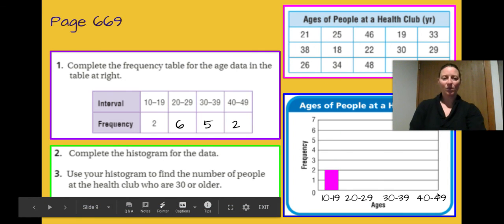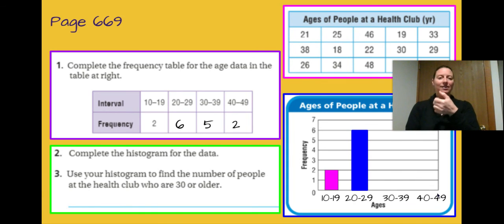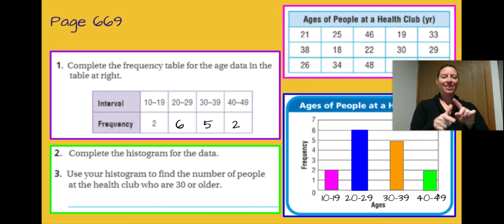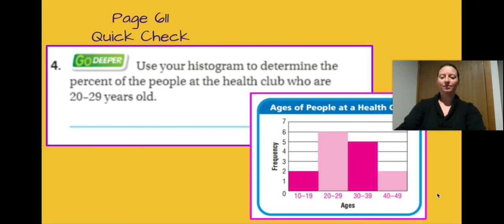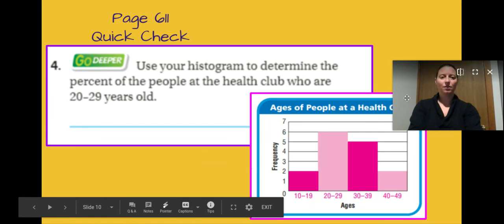On page 6, 11 is a quick check. So use the histogram to determine the percent of the people at the health club who are 20 to 29 years old.